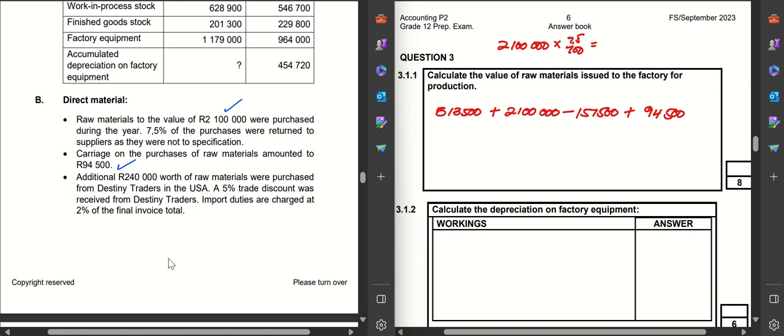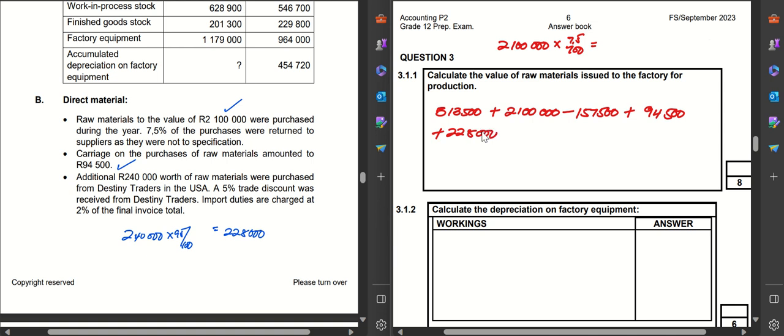A 5% trade discount was received from Destiny. So I'm taking the 240,000 and getting 95% of that, I'll remain with 228,000. So I say plus the new materials that were purchased, which is 228,000.